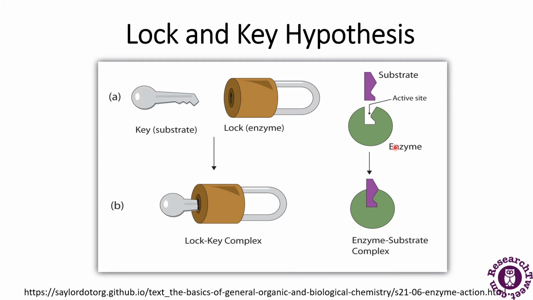This hypothesis was only to understand the mechanism of action of the enzymes. The enzyme and the substrate molecules exhibit various geometrical shapes, and these shapes are very specific, just like a lock and key.